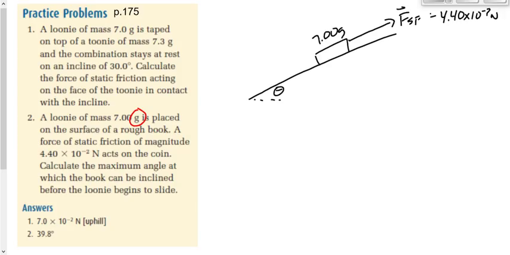I'm writing that down because I know it. I know that gravity acts straight down. I know that the normal force acts 90 degrees. Make sure, though, that F parallel is 90 degrees to that. Agree? Is that okay?